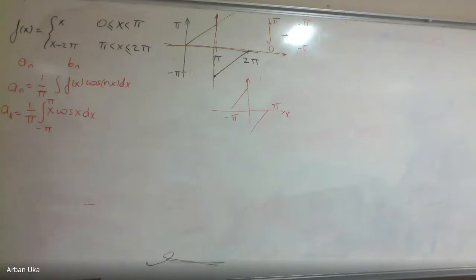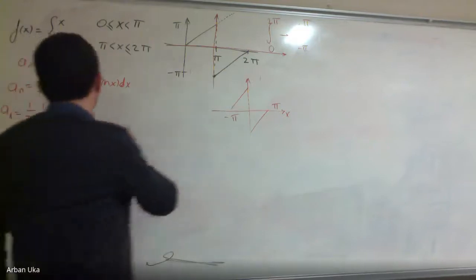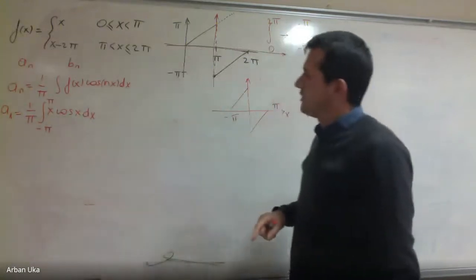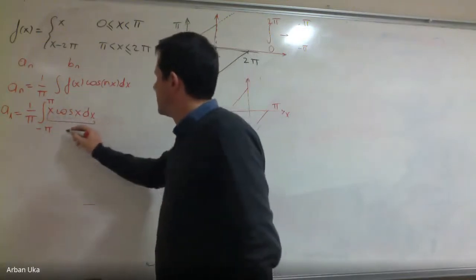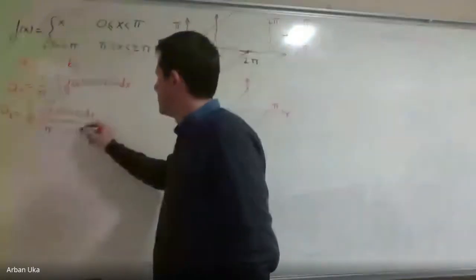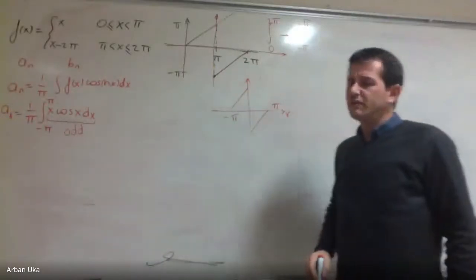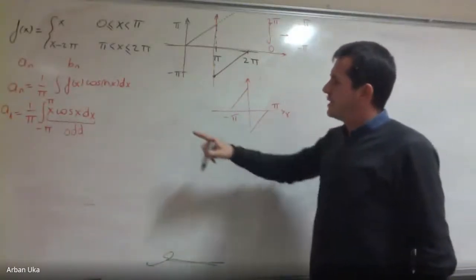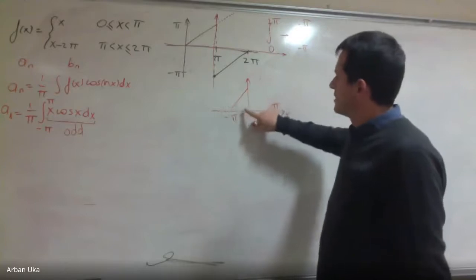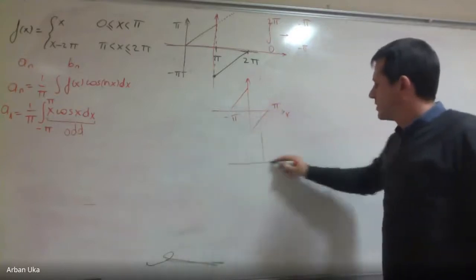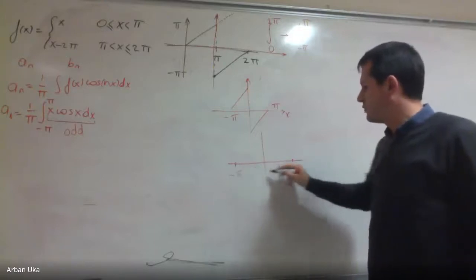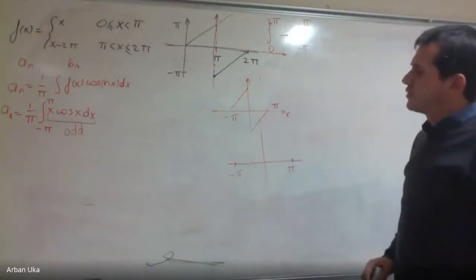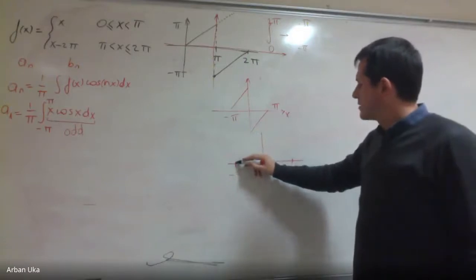So we notice that this function, x cosine x, is an odd function. Okay, so if we look at this function here, this is odd. It is not an even function. And odd because we have that if this is the coordinate system, we are integrating from this point to this point, from minus pi to pi. We have the cosine, it's going to look something like this.